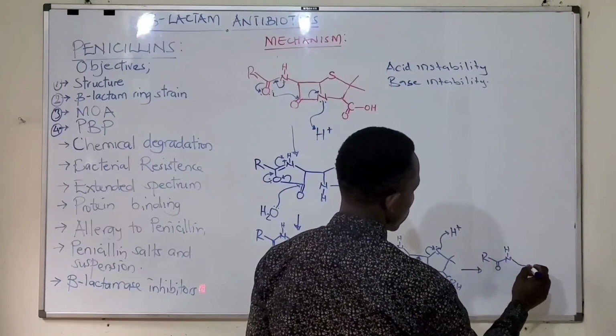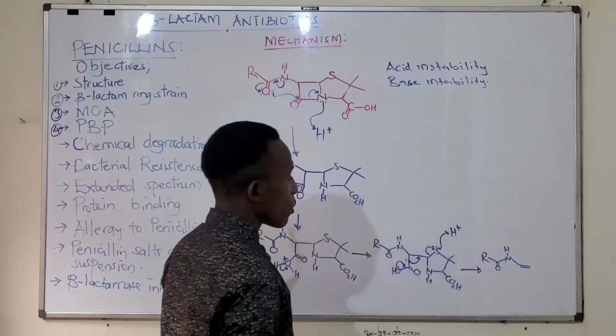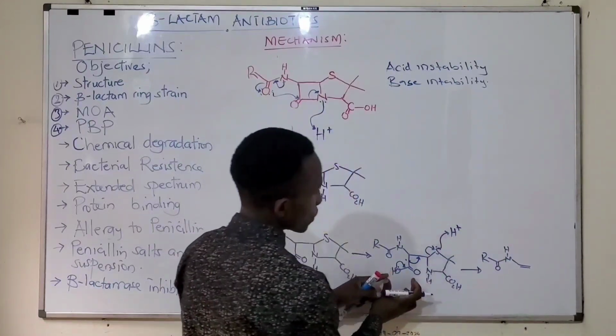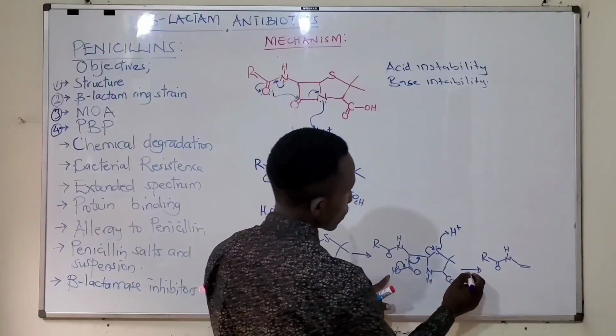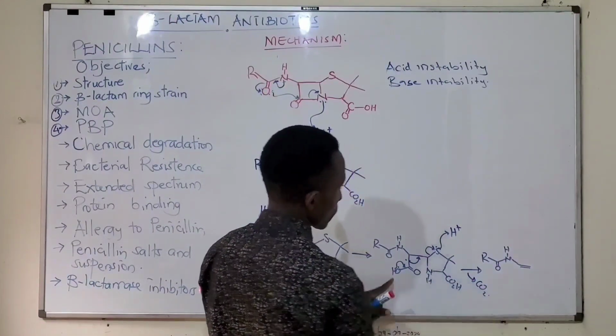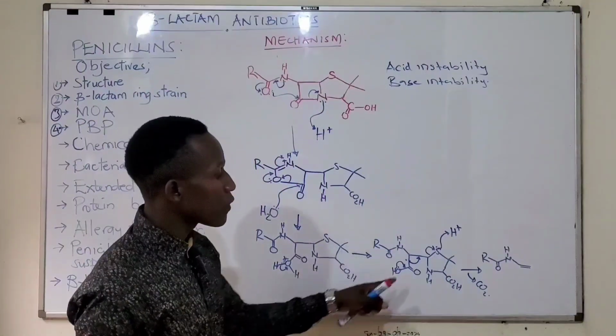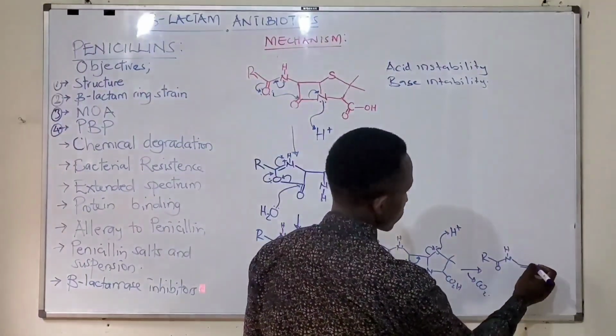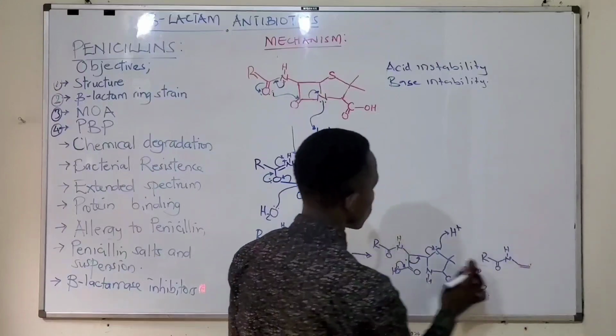Now we have formed a double bond here, and we have lost a carbon dioxide. The carboxyl is lost in the form of carbon dioxide. Then this bond is broken.